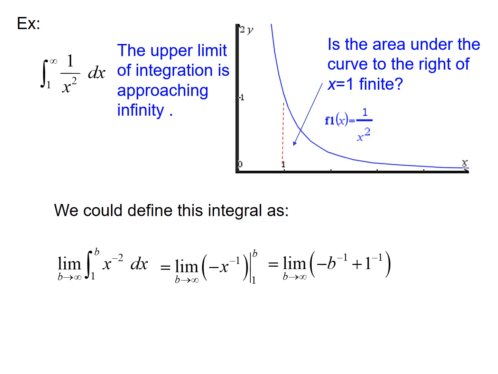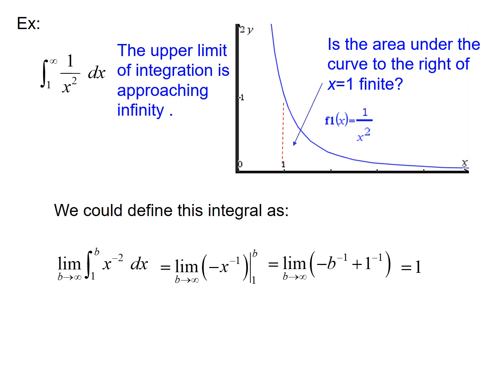Plug in our limits of integration. So we know that 1 to the power of negative 1 is 1. And as b gets larger and larger and larger, negative b to the negative 1 is negative 1 over b. So that's negative 1 over infinity, which is 0.